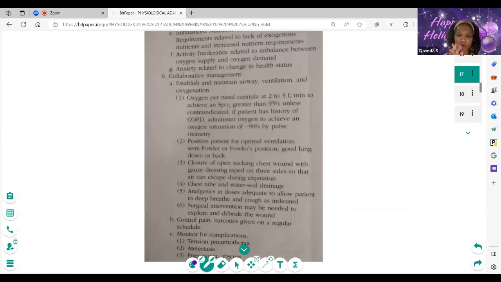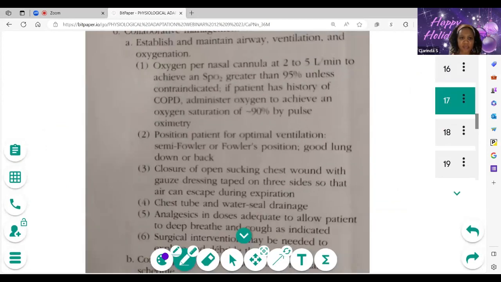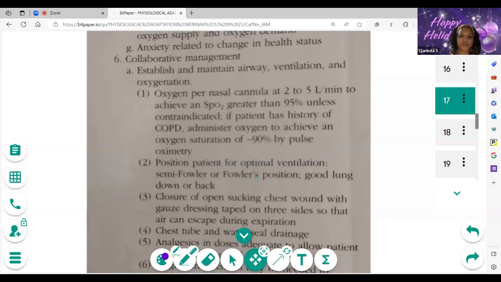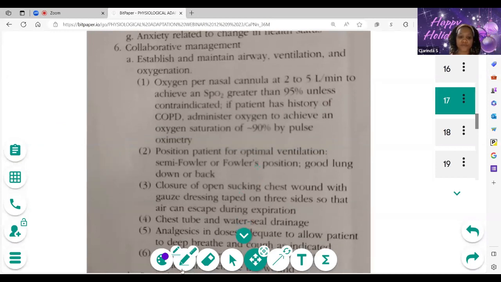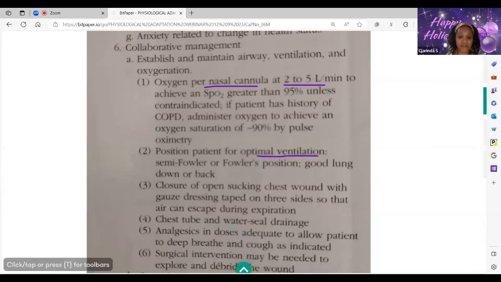For the pneumo, this is just a little clip of some interventions. Collaborative management: oxygen per nasal cannula, 2 to 5 liters. Position them for optimal ventilation. How would we want to sit someone up who's having trouble breathing?